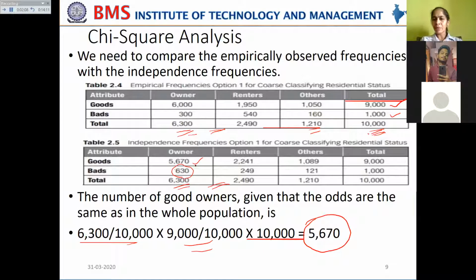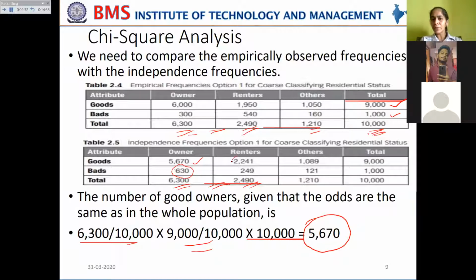In the same way you can calculate for renters. Take 2,490 divided by the total number of data points, 10,000, multiplied by the good payers, that is 9,000 divided by 10,000, multiplied by 10,000.